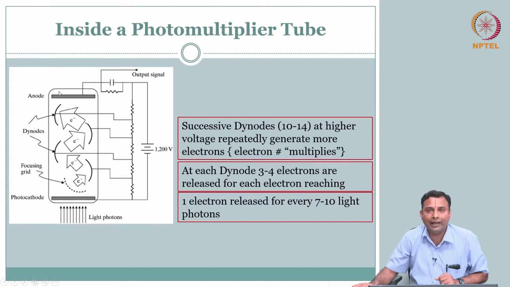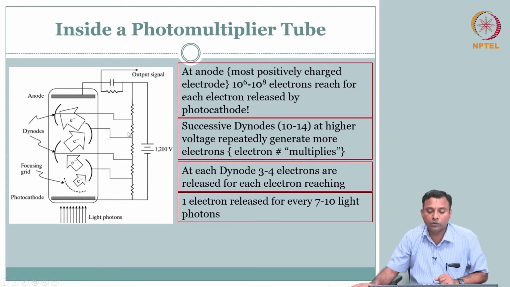Finally you come to the anode, which is at the highest voltage, the most positively charged. Each time it is multiplied, so you eventually get about 10 to the power 6 to 10 to the power 8 electrons for each electron that was released at the photocathode. That is why it is multiplied. So now you see the signal is actually amplified, and this is now a voltage signal.